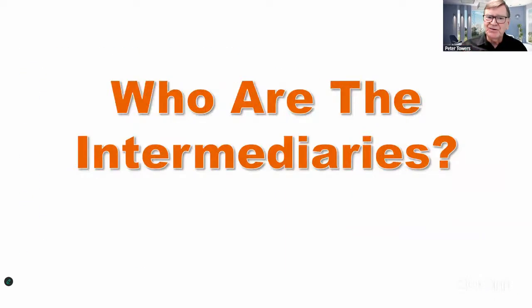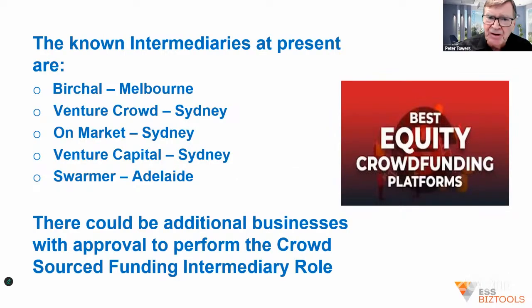Now, who are these intermediaries? Unfortunately, ASIC do not publish a list of who the intermediaries are. So they've appointed quite a number of people to be an intermediary. What I can determine at present, the current businesses who are active as crowdsourced funding intermediaries are Birchall, who's based in Melbourne, Venture Crowd, On Market and Venture Capital, 3 Sydney organisations, and Swarmer in Adelaide.